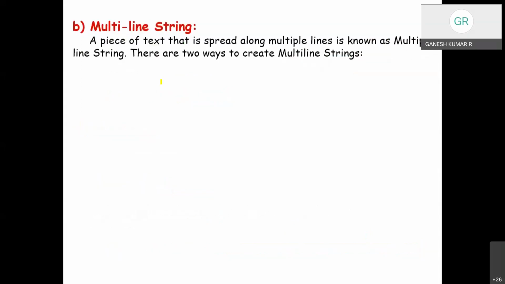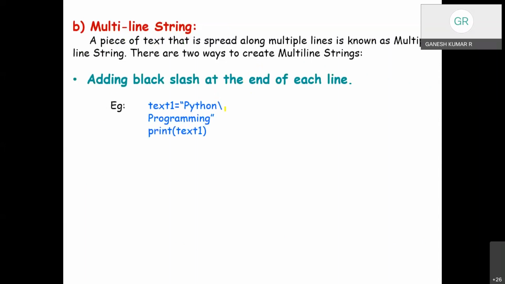There could be some situations where we need to continue a big expression, a statement, or a text in the successive line, and they are handled with the help of a multi-line string. There are two ways to create a multi-line string. One is to add a backslash at the end of each line and continue in the next line.